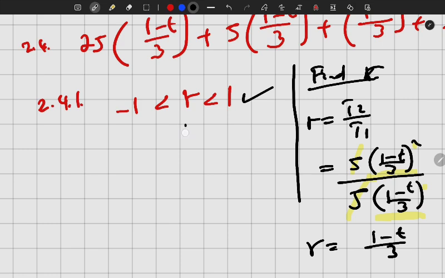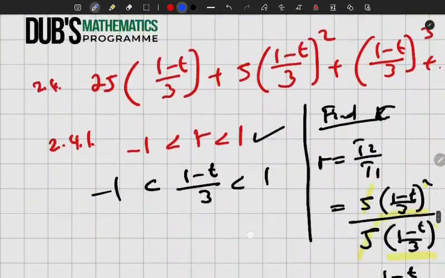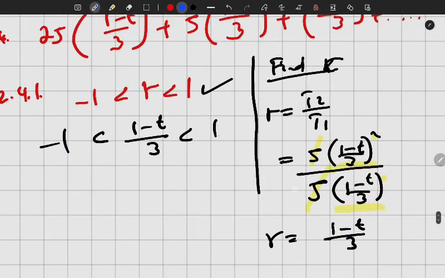We now take our r value, put it in the place of r, and then we've got this. So now I want to find the value of t which will make this r between -1 and 1. So I solve for t, because they said for which values of t. Multiply both sides by 3, and then we'll get -3 less than 1 minus t, less than 3.